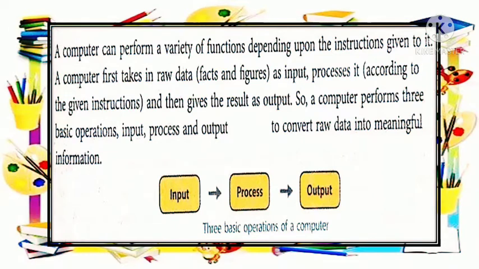First one, input. It takes raw data as input. Then second one is it processes that data. Then third one is it gives us the output or desired result as per the instructions given to it, as you can have a look at the image.